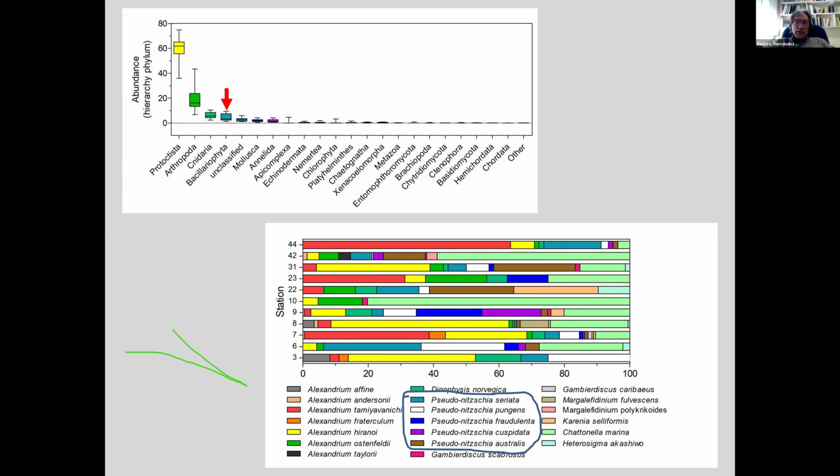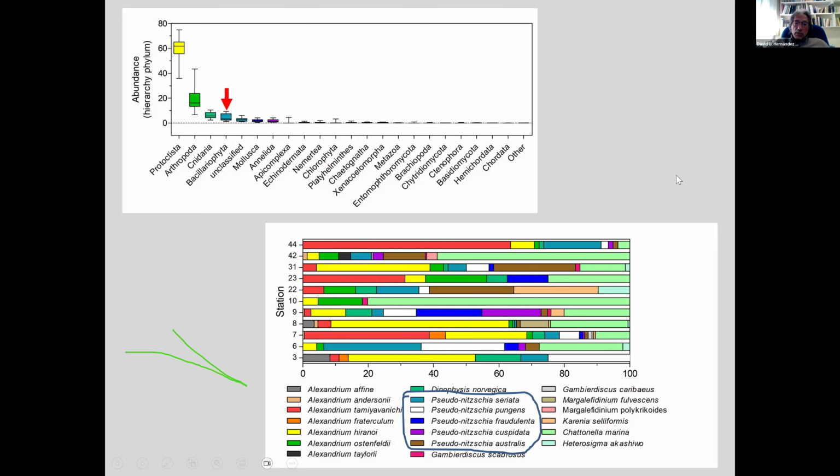This is the approach with the metabarcoding analysis, and you can see that from the different phyla, which are included here in Protoctista, Arthropoda, Cnidaria, etc., Bacillariophyta was the 4th most important in terms of abundance.